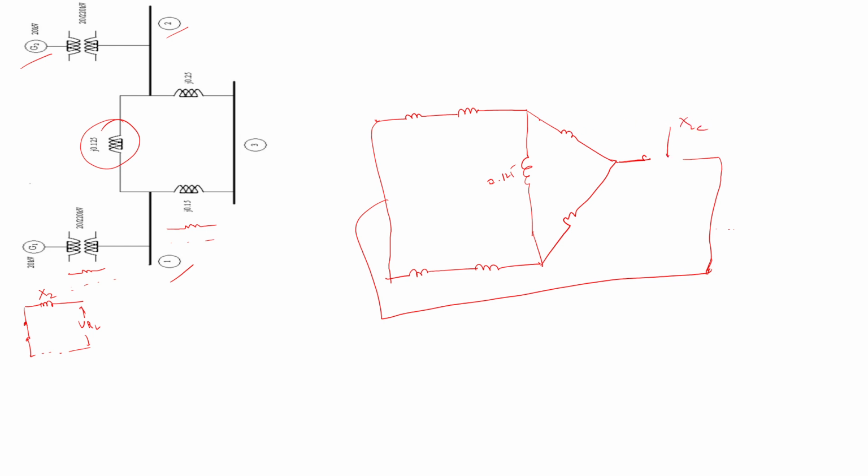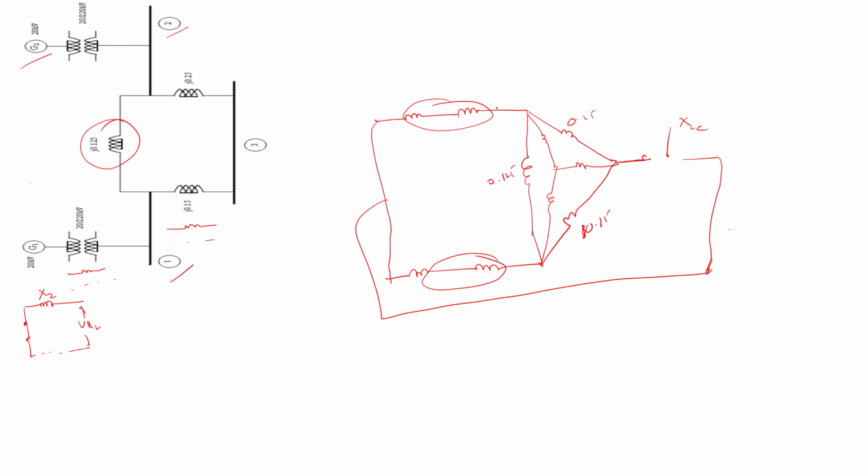So we need to calculate x2 equivalent. Same story, this is 0.25 and this is j0. Can take j or not, no problem, that will decide the magnitude and phase angle. Again these two are in series, and these two are in series, and again here convert to star connection.